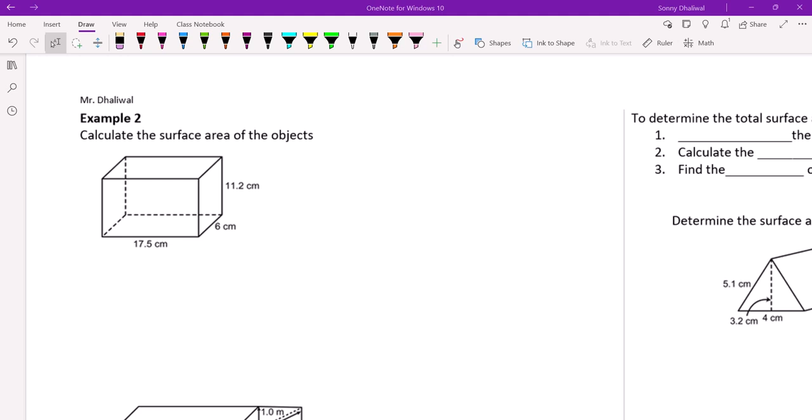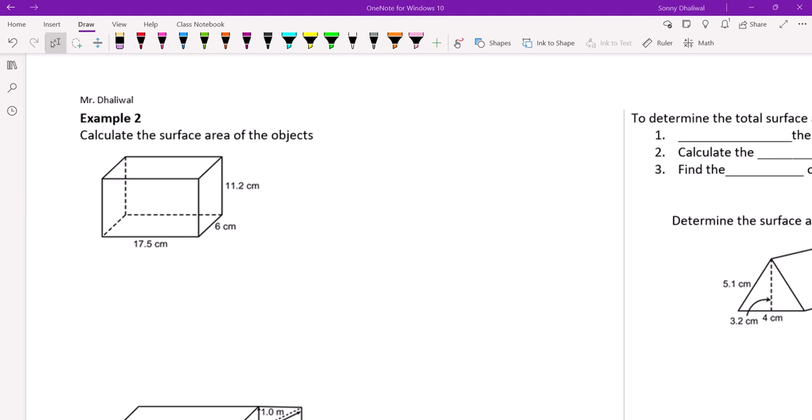So if you're asked to find the surface area of a 3D shape, you need to find the area of all the outside sides, right? So when you're asked to find the surface area, add the area of each outside side. So here on this shape, first thing you need to be able to do is count how many outside sides there are.